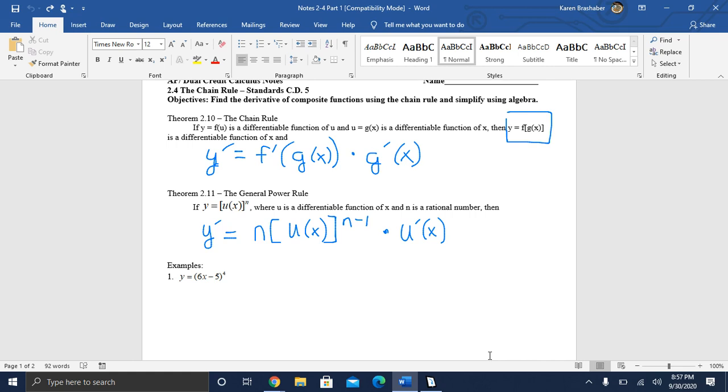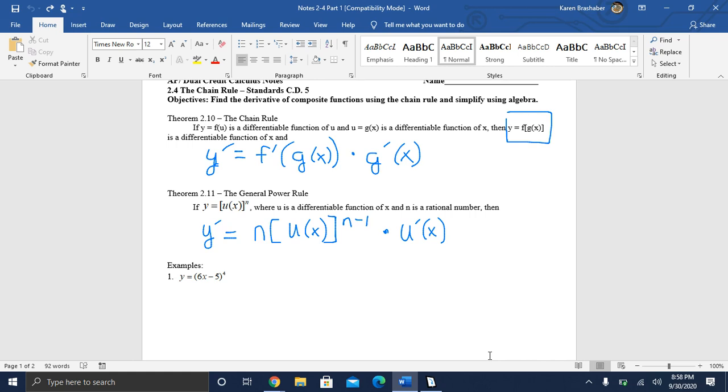We only have 4 examples. This is a fairly short lesson, but a very important one that we will use for our derivative problems for the rest of the semester and into next semester.